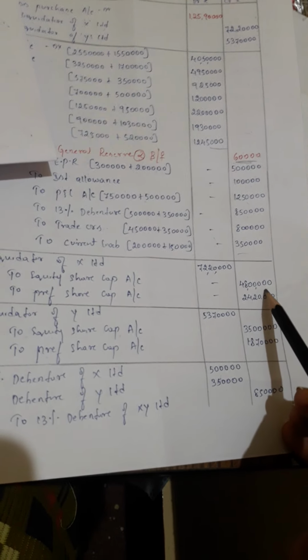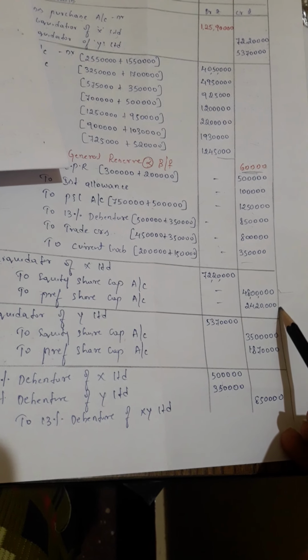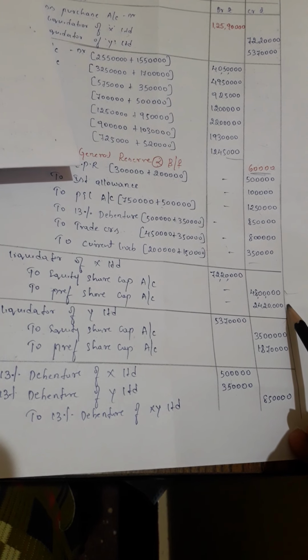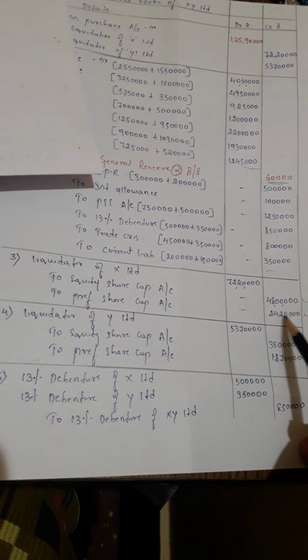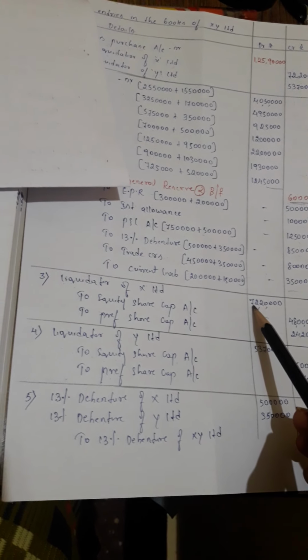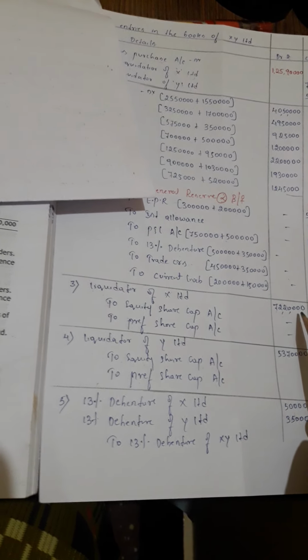For equity share capital account credit 48 lakh and for preference share capital account credit 24 lakh 20,000. Total of this is 72 lakh 20,000. This is the total purchase consideration amount of X Limited.